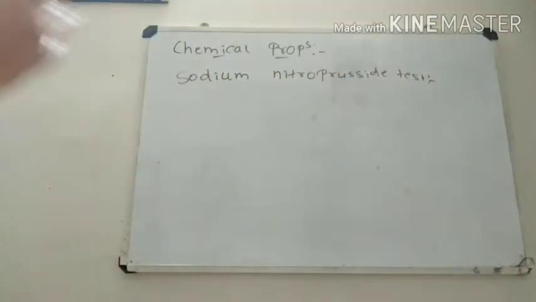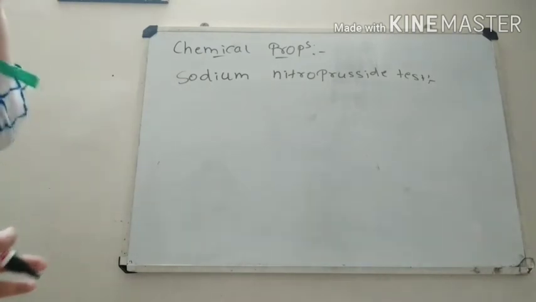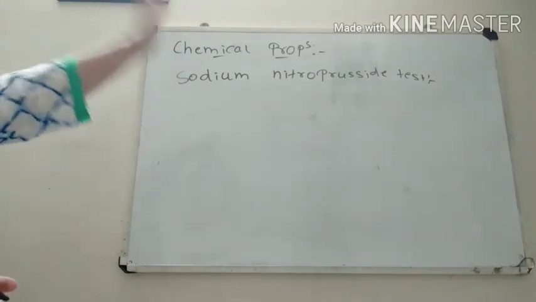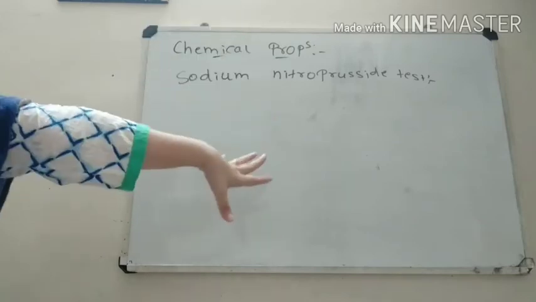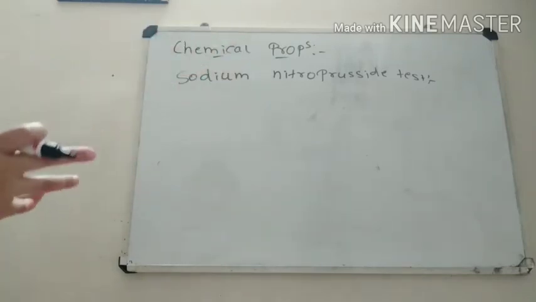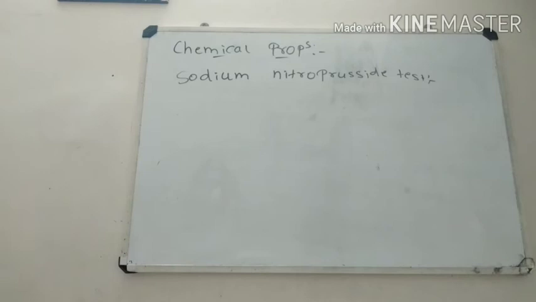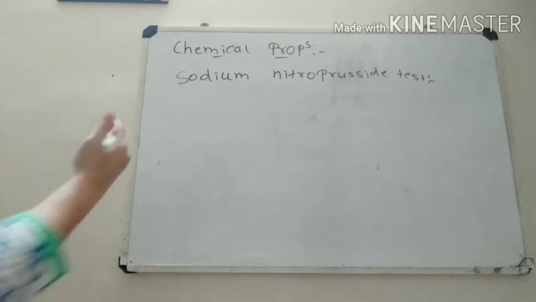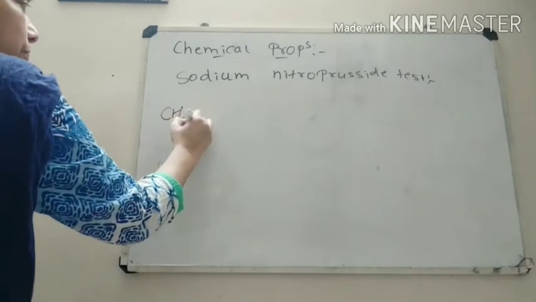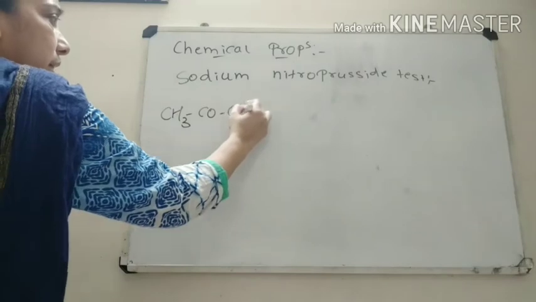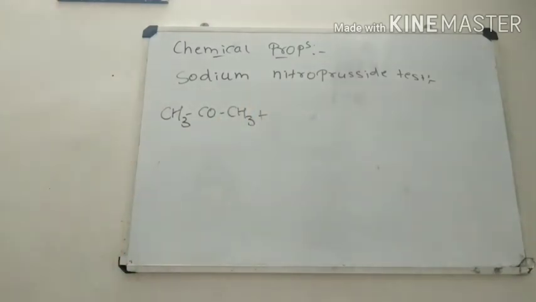This question can be asked: which test is used to detect the ketone? Then the test is the sodium nitroprusside test. It is used to detect the ketonic group. Now how does the reaction take place? Suppose for the ketonic group we take acetone, CH3COCH3.